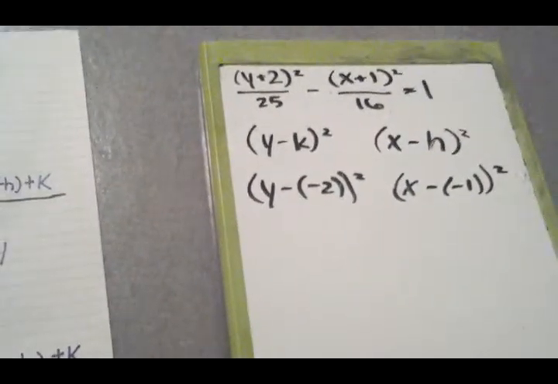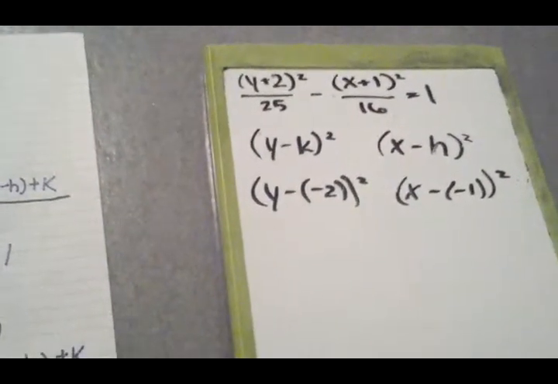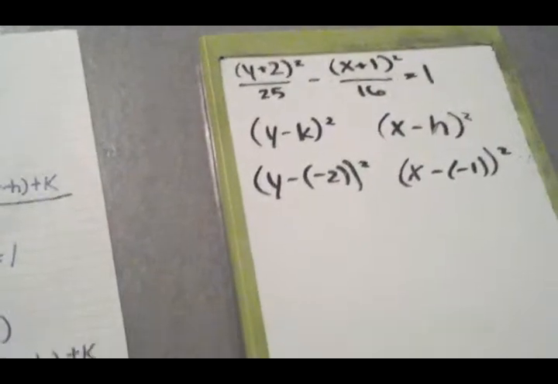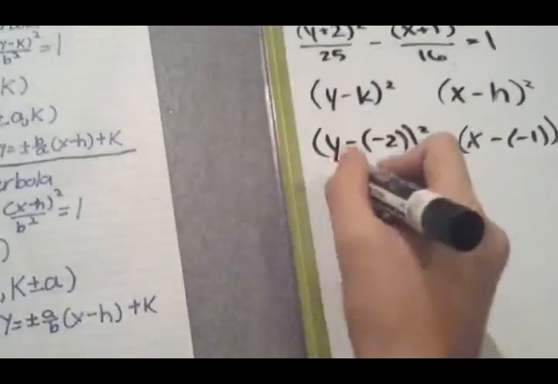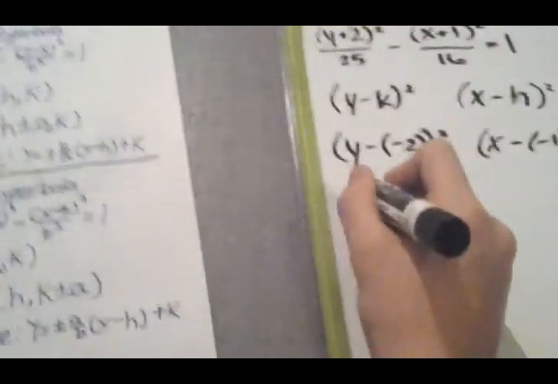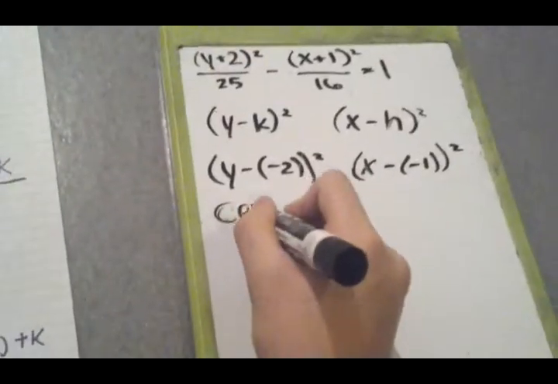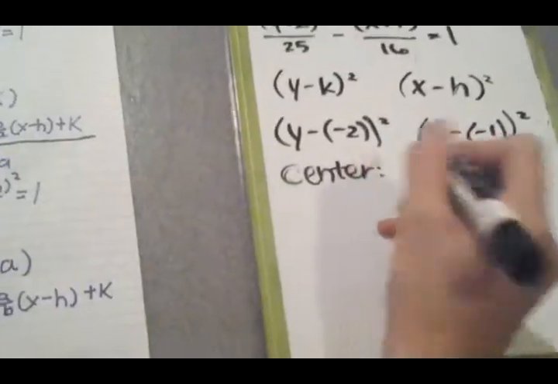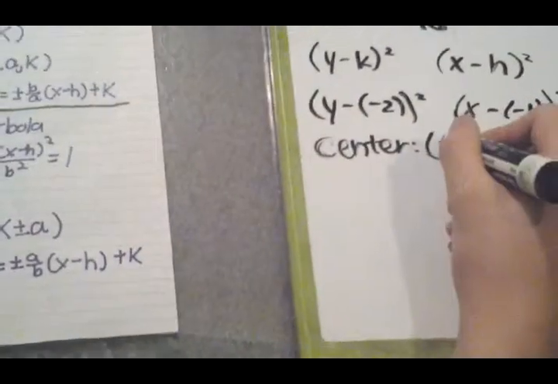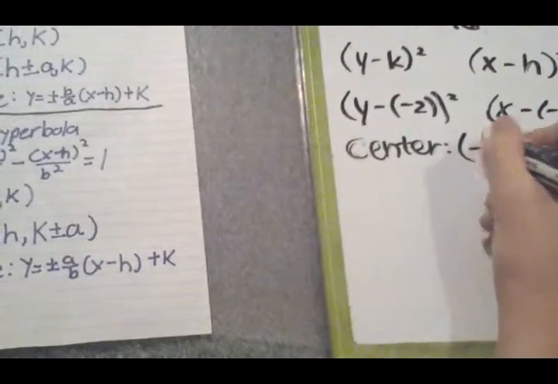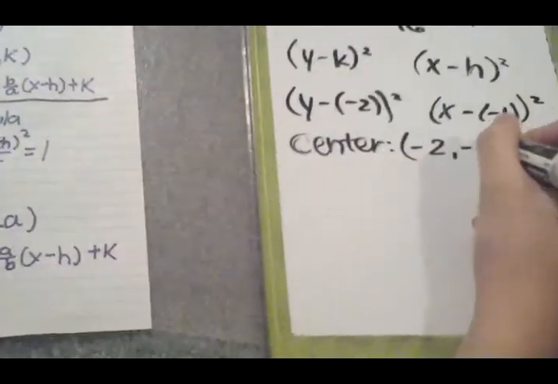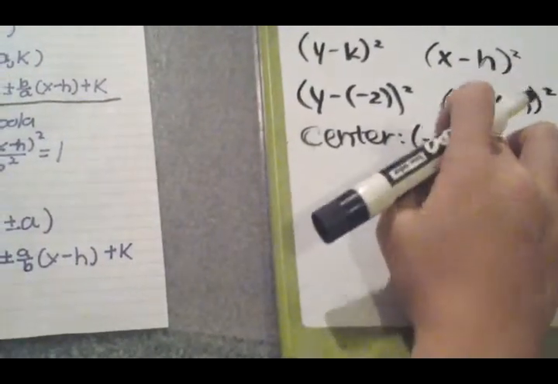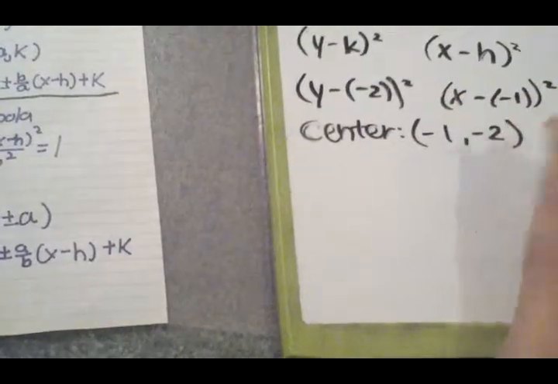Since it's (x plus 1) squared, h has to be negative so that the negatives cancel out, which leads to y minus negative 2 squared and x minus negative 1 squared. So the center is negative 1, negative 2.